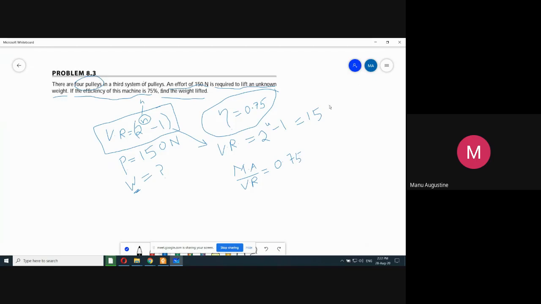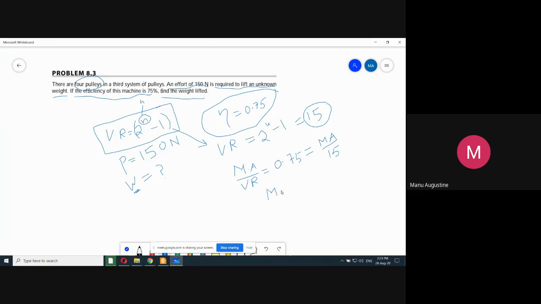I already know the value of velocity ratio, so I can say that this 0.75 is mechanical advantage upon 15, because my velocity ratio is 15. So I get the value of mechanical advantage.